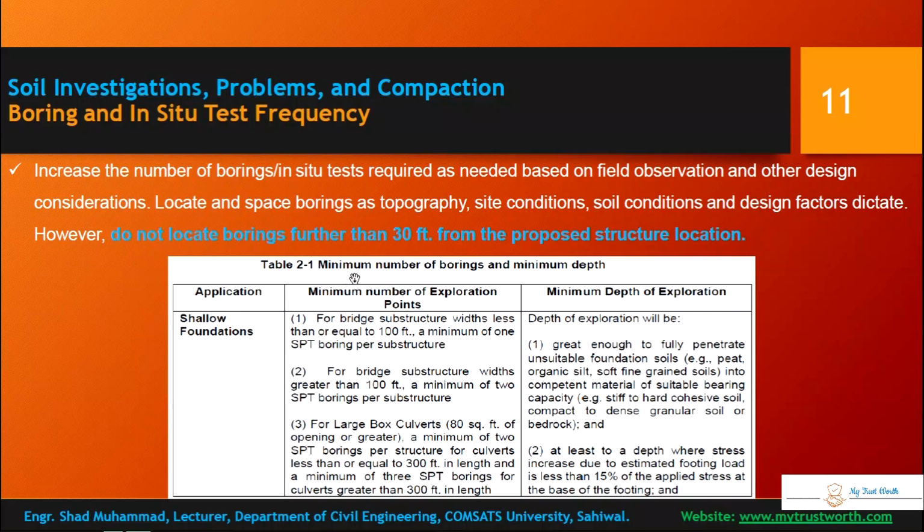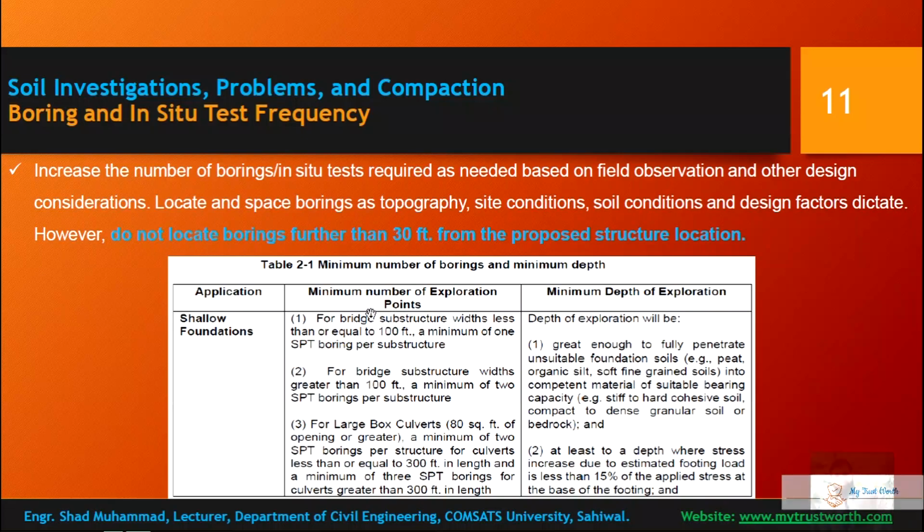So the table shows the minimum number of borings and the minimum depth. These are the applications and the minimum number of exploration points, and the minimum depth. For shallow foundations, for bridge substructure width less than or equal to 100 feet, a minimum of 1 SPT boring per substructure.